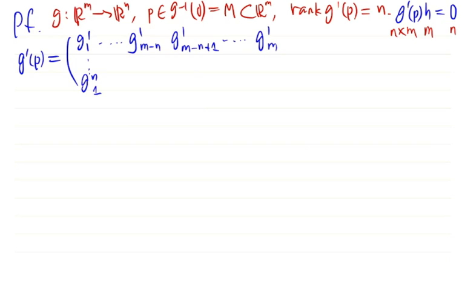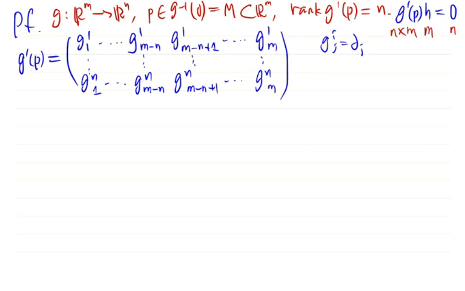G has n components. Therefore, the last row of this matrix is Gn m minus n, Gn m minus n plus 1, up to Gnm. Okay. All these Gij are the derivative with respect to xj of the ith component of G. Of course, all these partial derivatives are evaluated at the point P.